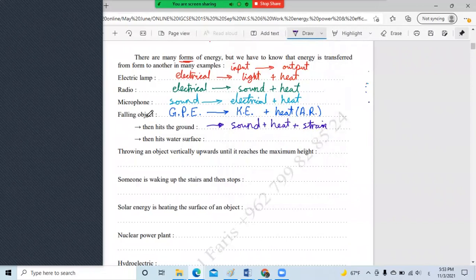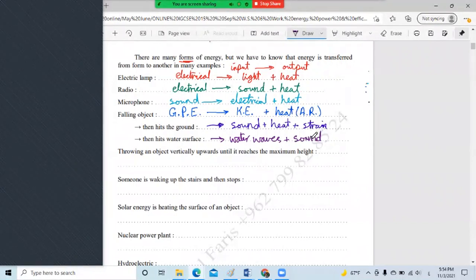Maybe also a falling object hits the water surface. What will happen to this energy? The gravitational potential energy becomes kinetic energy, and eventually, as it hits the water surface, it becomes water waves or water splashes, plus sound. Exactly.